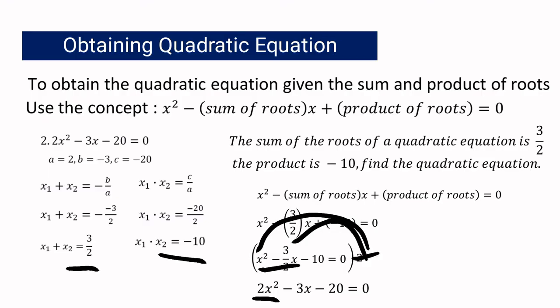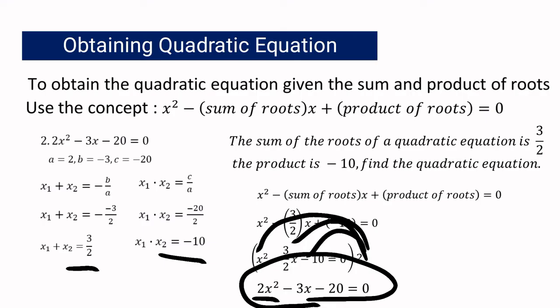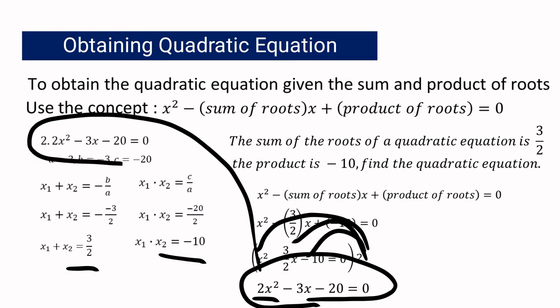Yes, we will be canceling out 2 here. So the remaining will be negative 3x. And then if we multiply 2 and negative 10, that will give us negative 20. So the equation is 2x squared minus 3x minus 20, which is the same as our equation here.